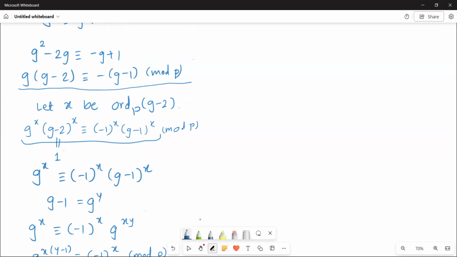Okay, what else can we try? We know g times g minus 2 is congruent to minus g minus 1.